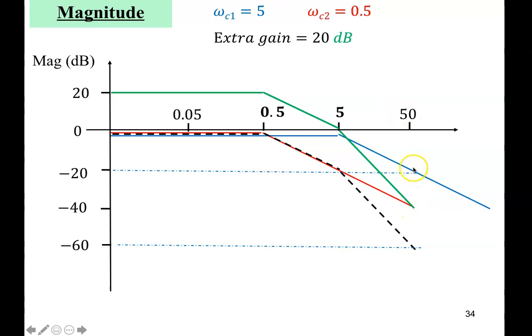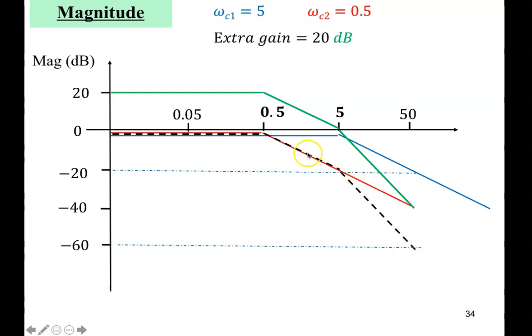So it's minus 20 added to minus 40, which gives you minus 60. So at 50, G1 times G2 should be minus 60. And then you connect that line from there, just continue your black line, but with a different gradient, coming down to minus 60.